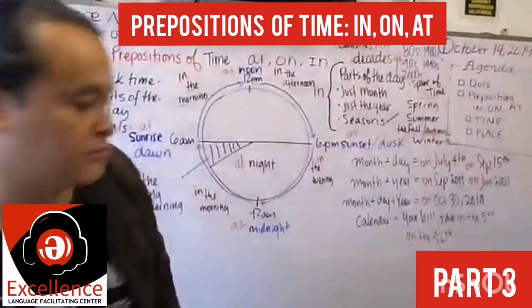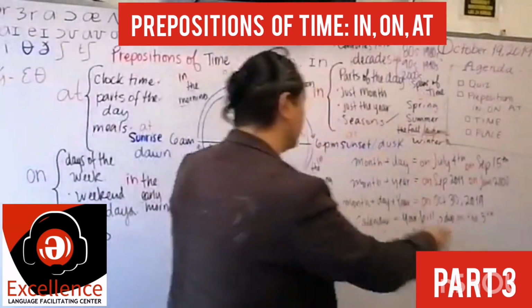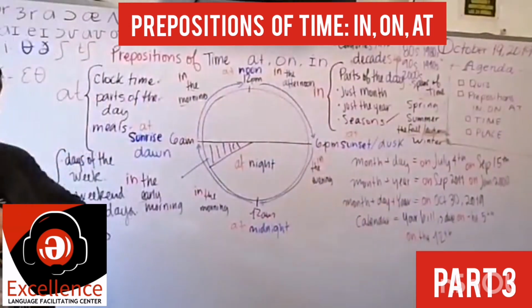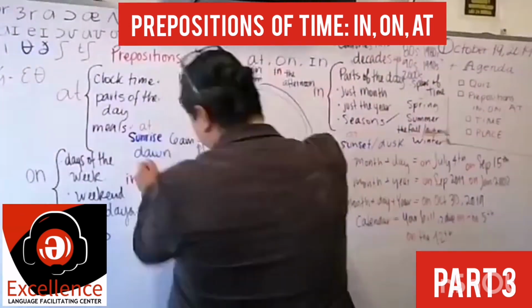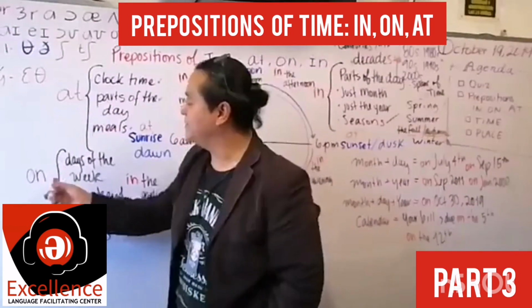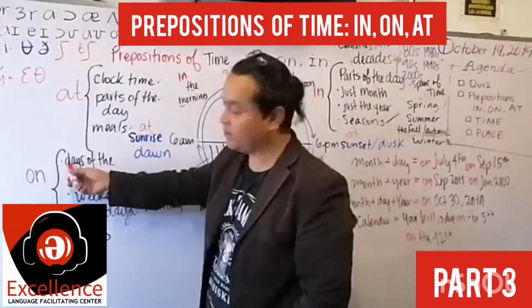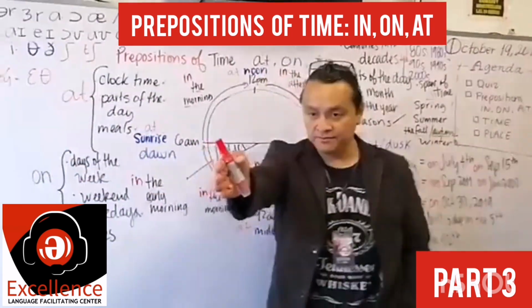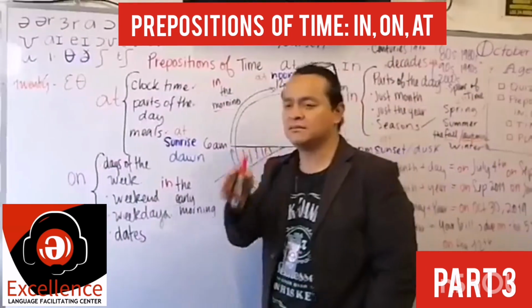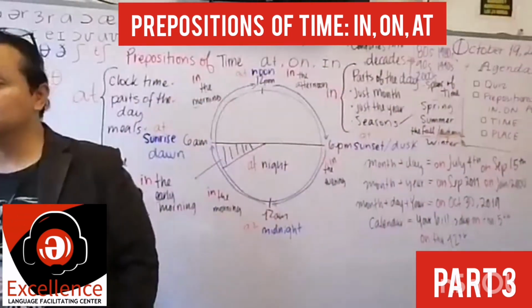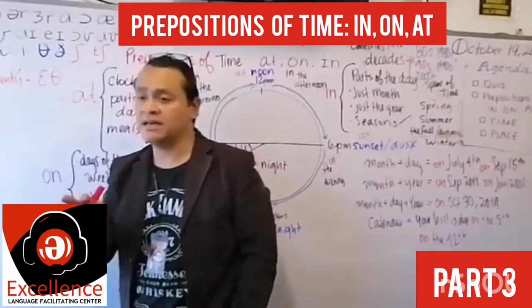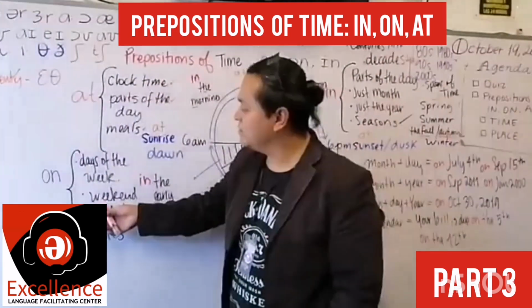Okay, let's recap. Now let's recap on using on. So we're going to use on for what? Days of the week. Examples? When do you come to class? On Sundays? On Saturdays. Good. We use on with what?